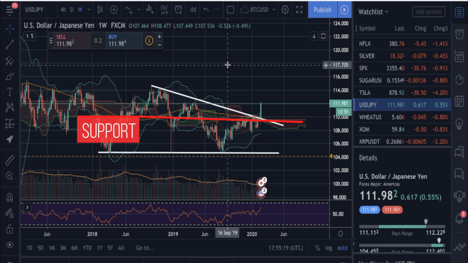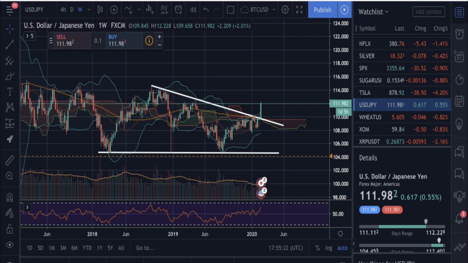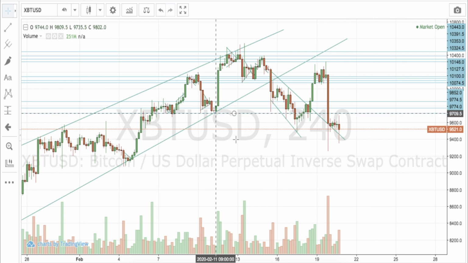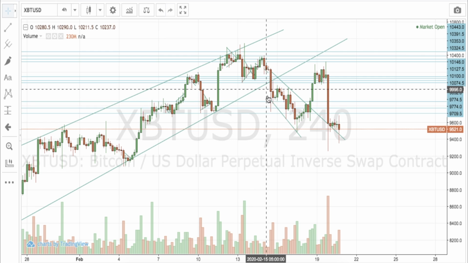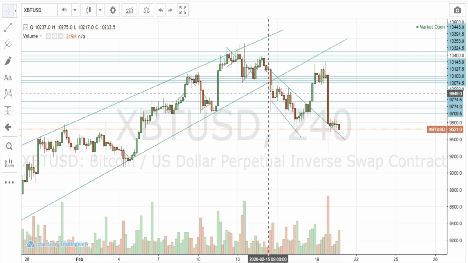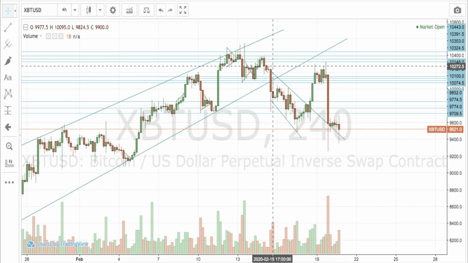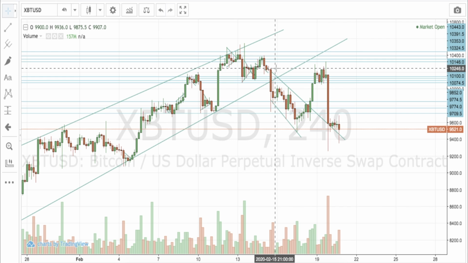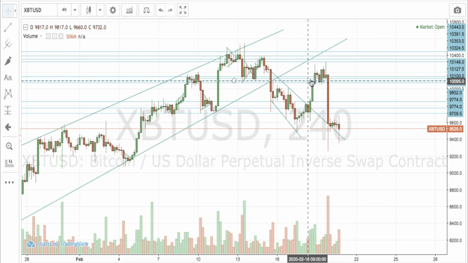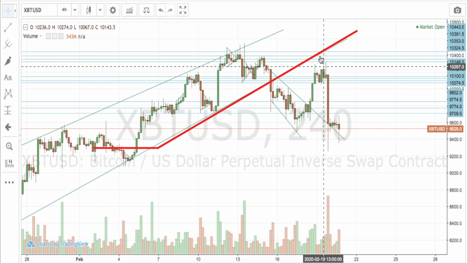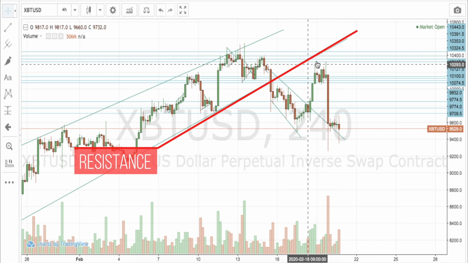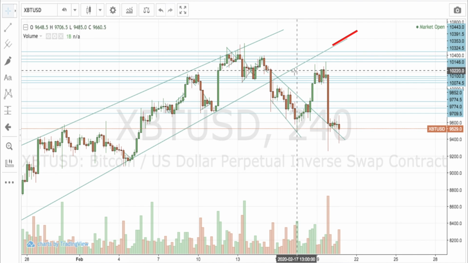You could see this clearly in the previous Bitcoin example right here. If you had traded this breakout from this channel on the short side and you had set your stop loss too close, let's say here for example at 10,250, you would have been taken out by this retest of the resistance level.